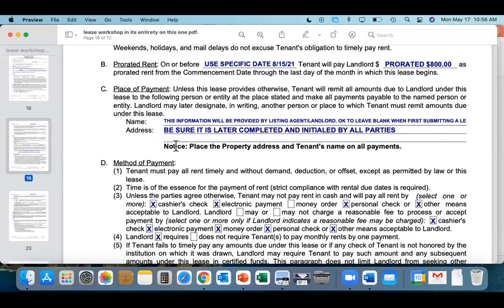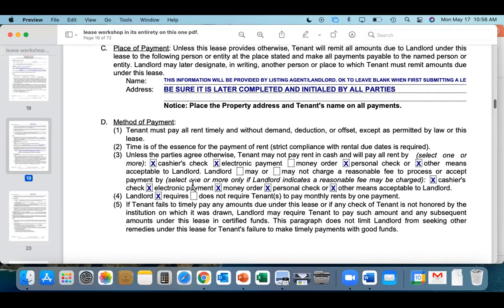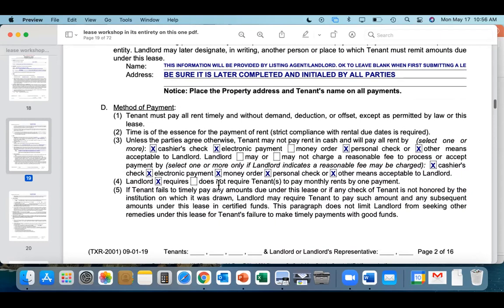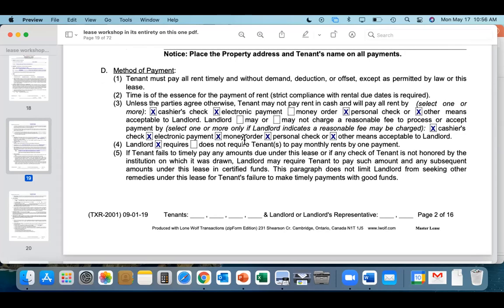Place of payment. This is really important because this is where the landlord states where he wants his money to go. Method of payment. There's a whole paragraph on how he's to be paid. In this section, it's probably okay to mark anything, because this tells the tenant, you have to pay me at a certain time, and I don't care how you get it to me, you just need to get it to me.